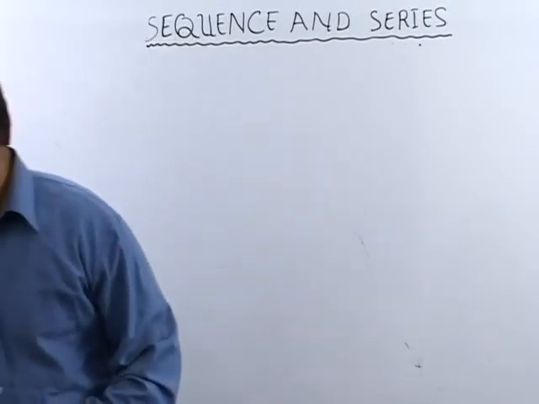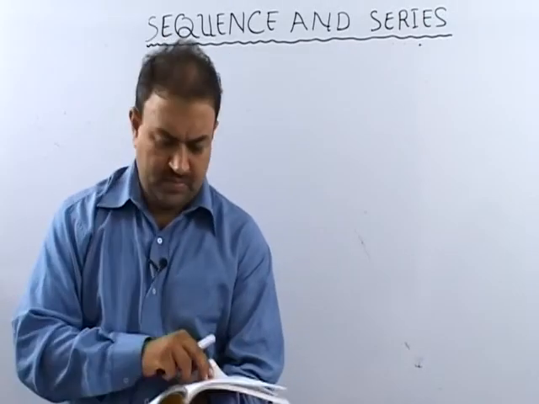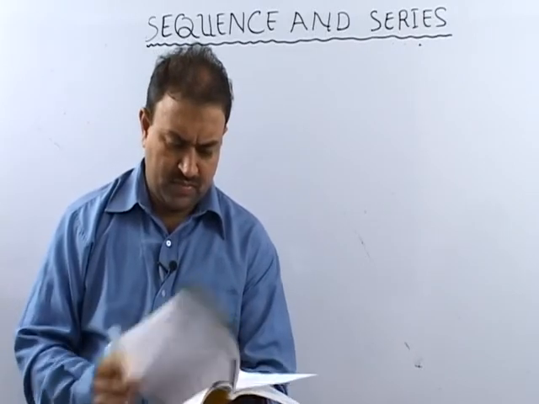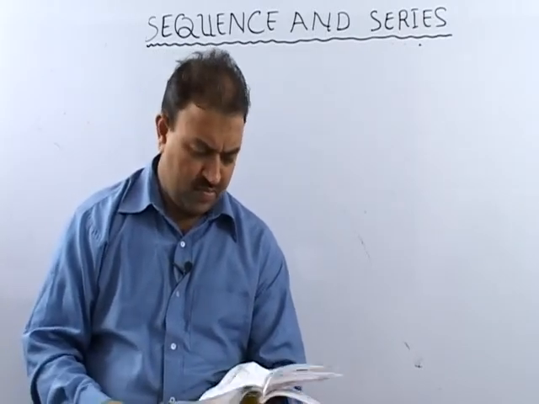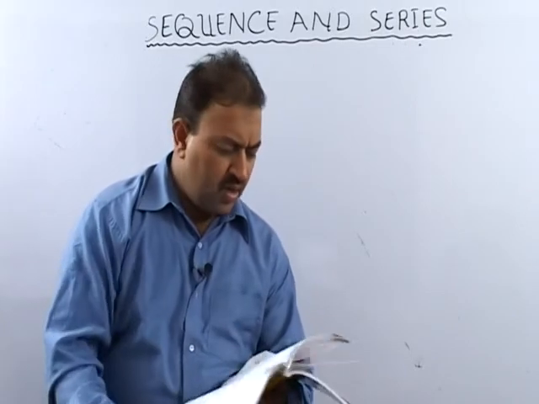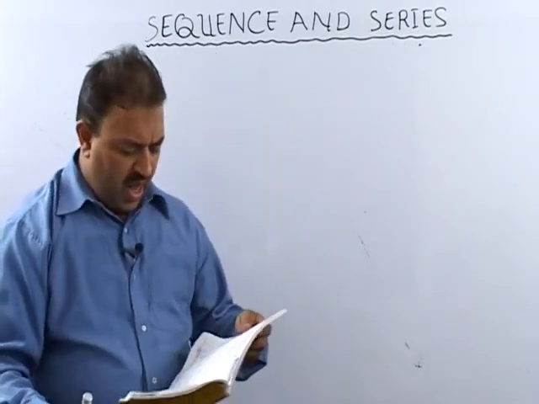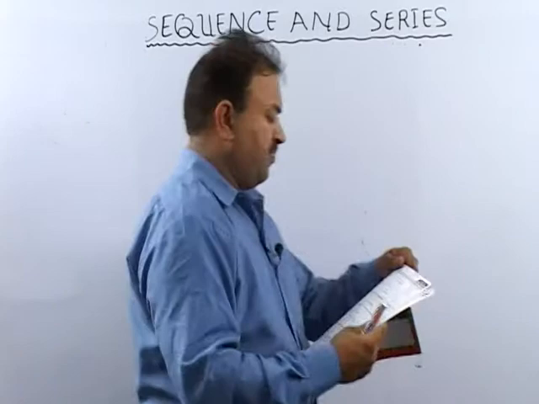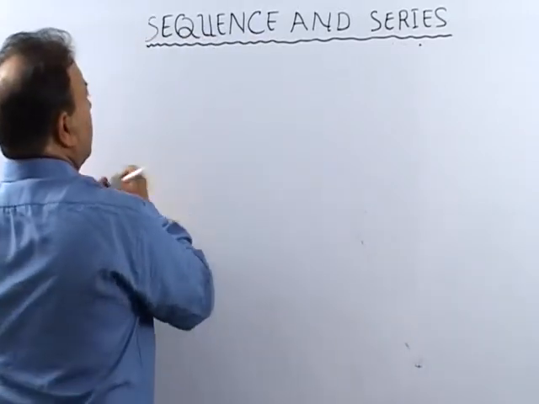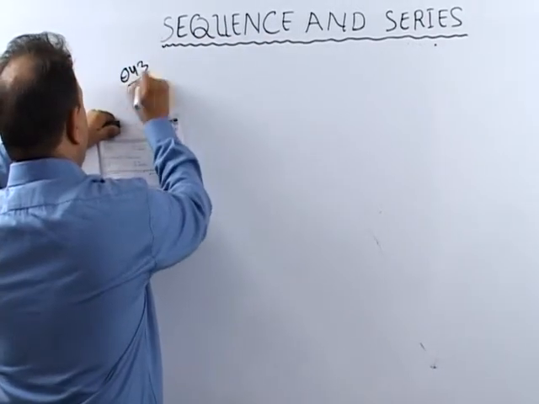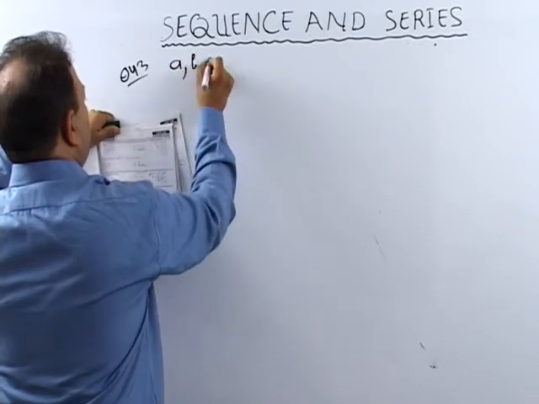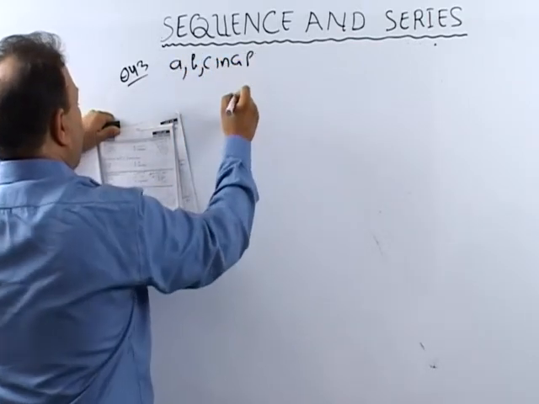Now the question number 43. I am just doing it, question number 43. In question number 43, we have been given what? A, B, C are in GP.